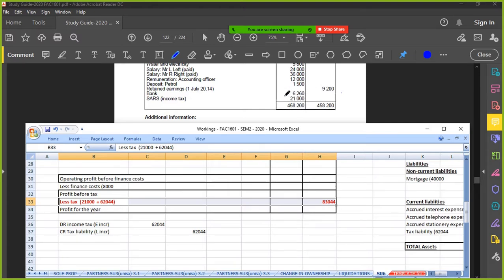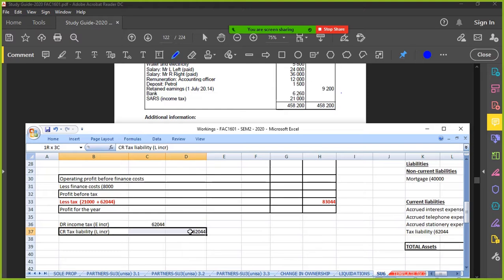Why did you put it under tax liability and not accrued expense? Because it's a special liability. It's not an accrued expense. You could say accrued tax liability, but then you're using the vocabulary loosely. It's not entirely correct. It's a tax liability, or you could even say it's a SARS tax liability.